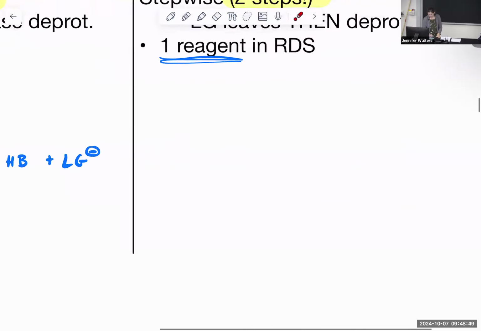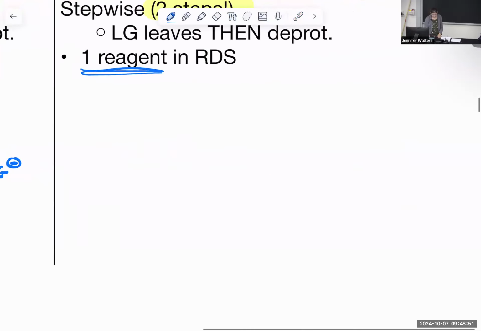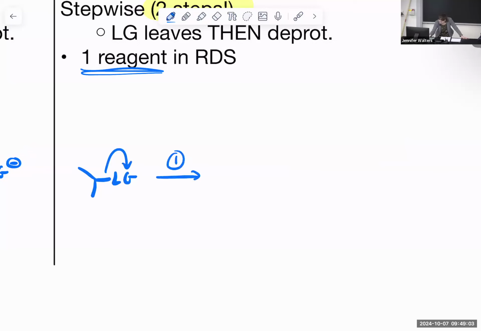E1 is going to look like SN1, where it's going to be leaving group leaves, then base deprotonates. So we're going to see step 1 is leaving group leaves. That's going to make our carbocation intermediate.